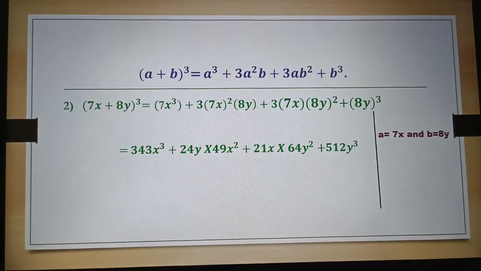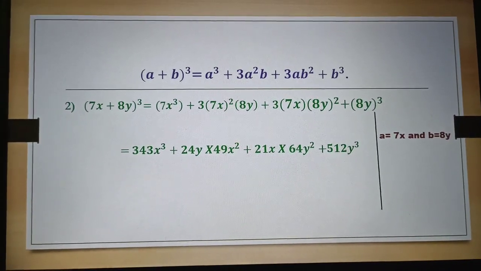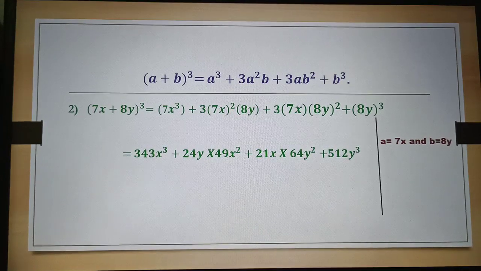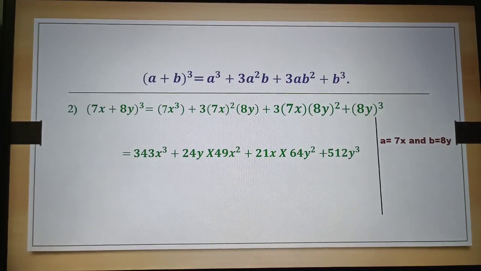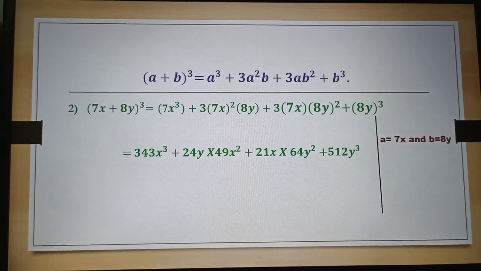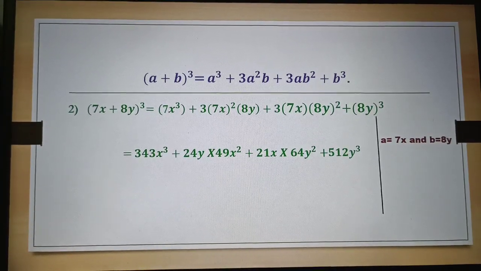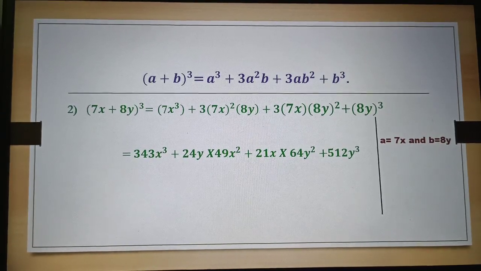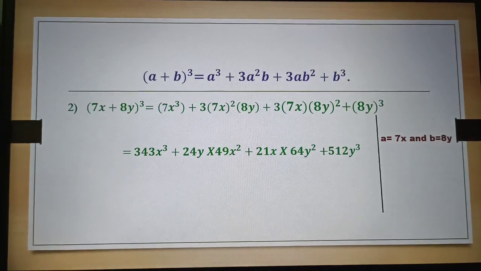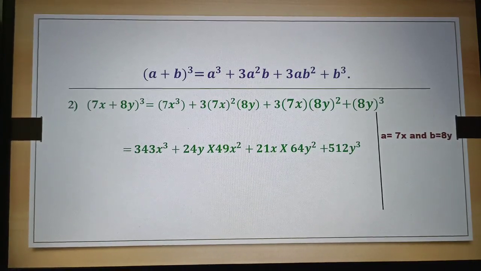So that is 343x cube. Then next, here we have to multiply 7 into 2 times, that is 49x square. Here multiply 8 and 3, so we got the answer 24y. After that 7x square is there, so 49x square. Then come to the third term, here multiply first 8y whole square, so the answer is 64y square.